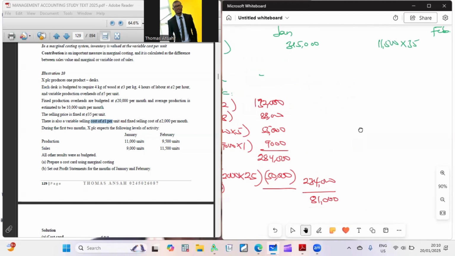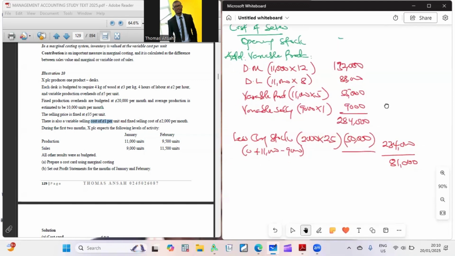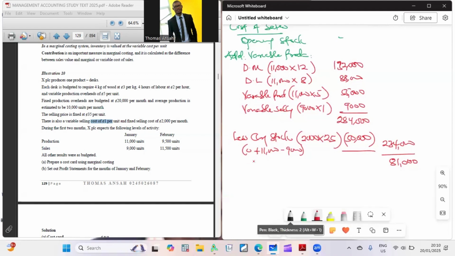All right. So now that we have 81, we need to now list all forms of fixed cost. So this is contribution. Good news is that here there is no over or under absorption because we never did absorption. So you list all fixed cost. How many fixed costs do we have?